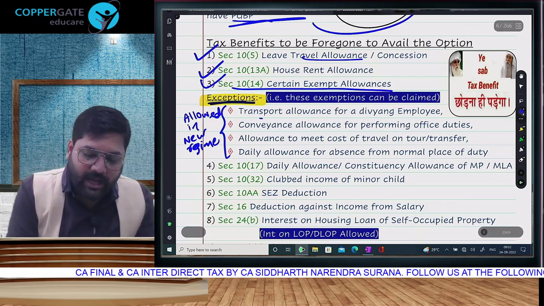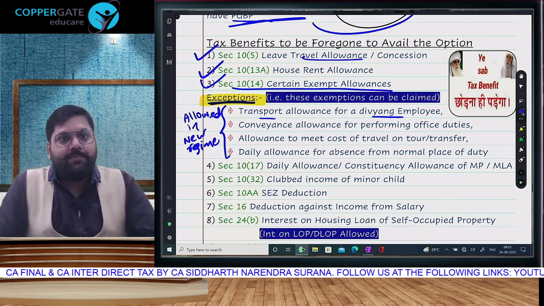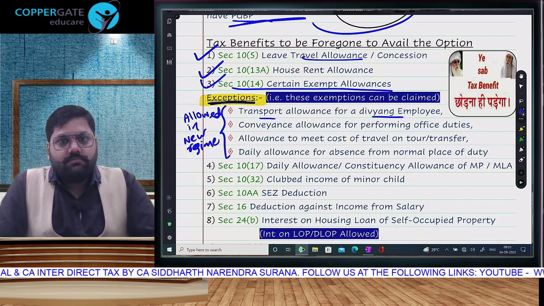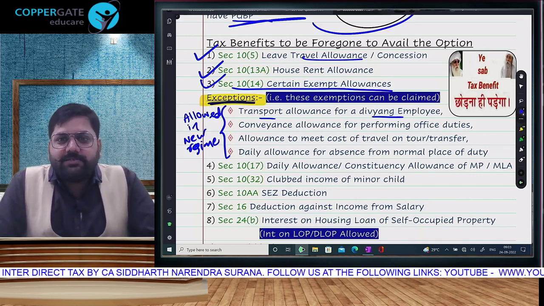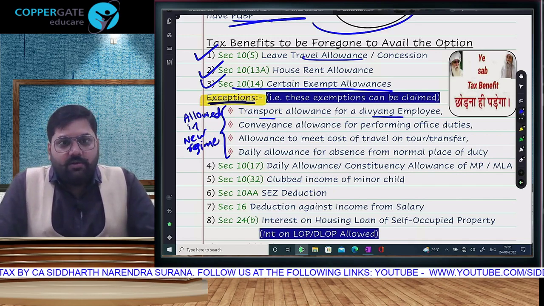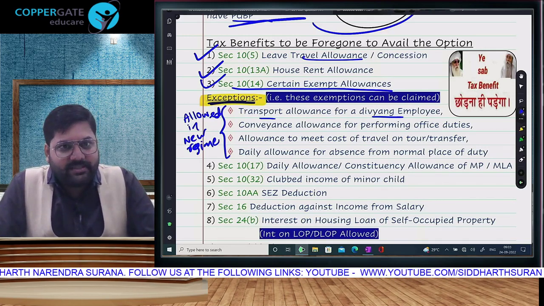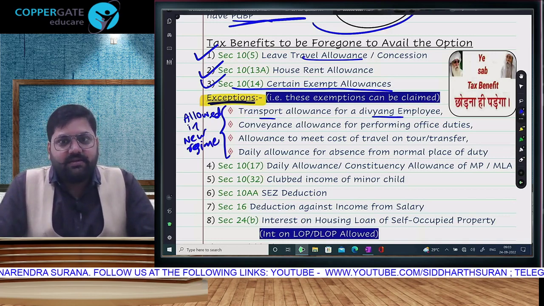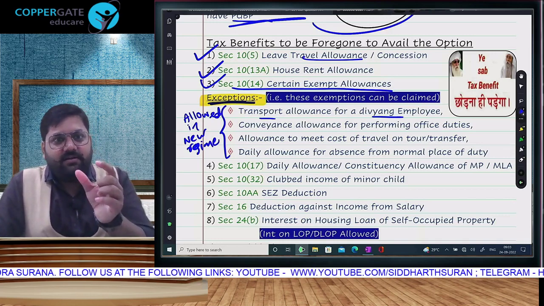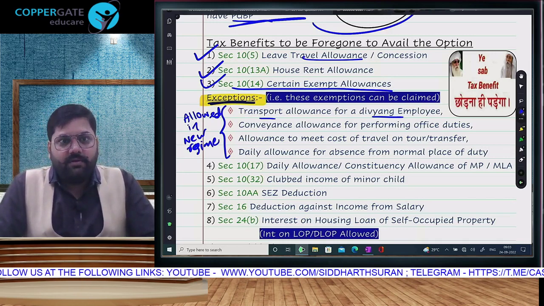First, transport allowance, which is an exemption given to a Divyang employee. In olden days, we used to call them handicapped and disabled. Modi ji said calling anyone handicapped or disabled is disrespect, so he coined a term called Divyang employee.